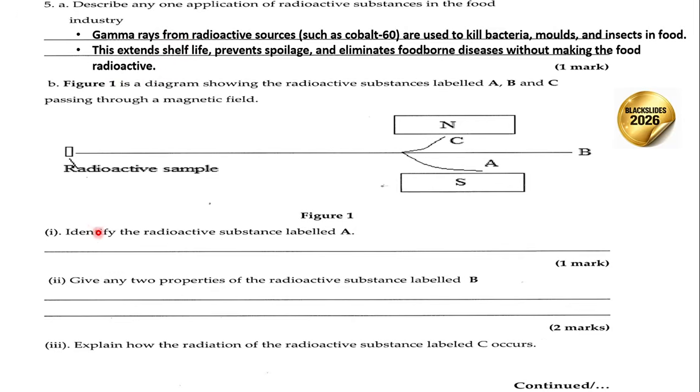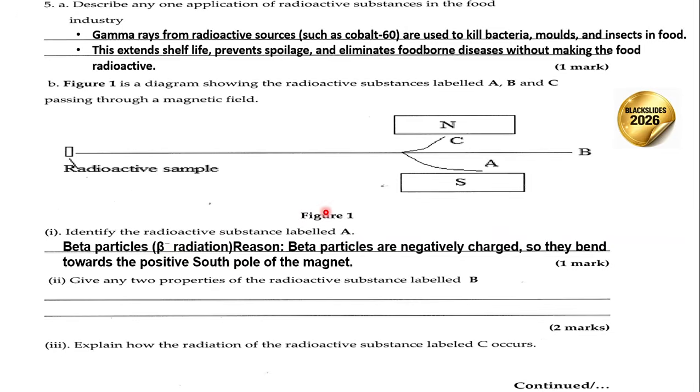Alright, back to question B, part B1. Identify the radioactive substance labeled A. So A is this one here. A must be beta particles, beta radiation if you have to say that.